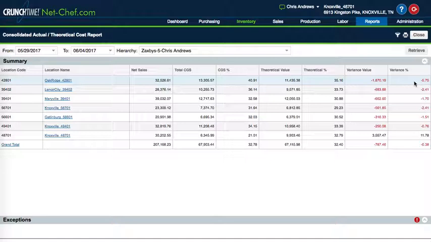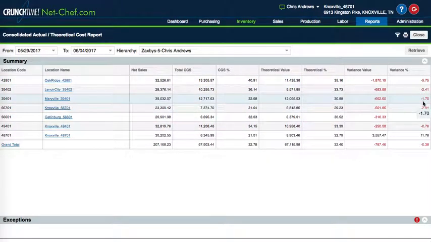And in general, we should always have a negative variance. We're always going to have a little bit less product in our store than what the system thinks that we have in there. That just comes from maybe a couple of tenders that didn't get wasted appropriately, or it's hard to keep up with every single shredded product, but what we're ultimately looking for is to keep our variance under 3%.